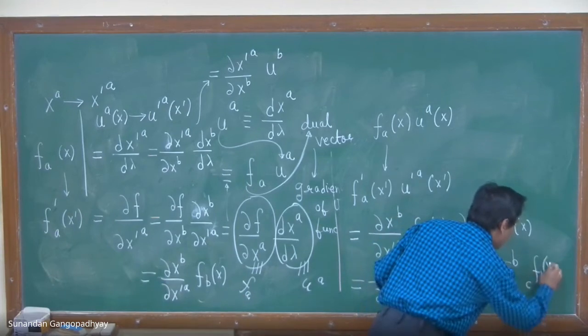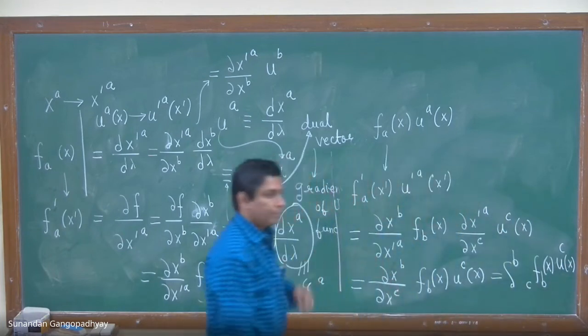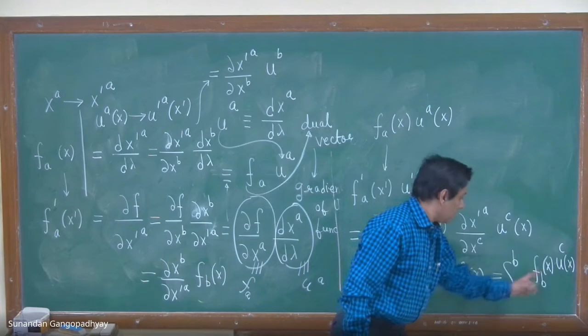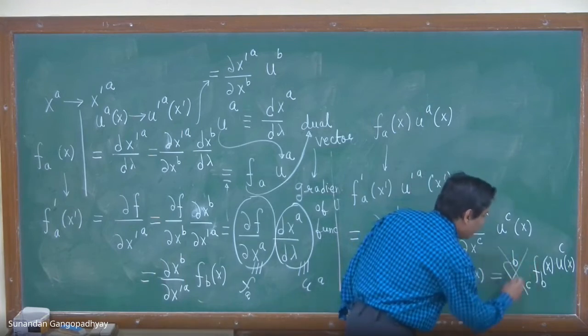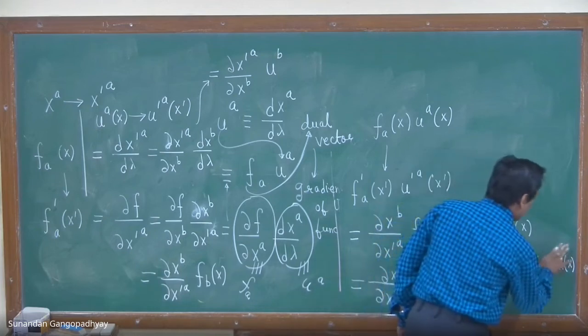Now this is a Kronecker delta, right? Delta bc. So you can get rid of this Kronecker delta. So this c will get replaced by b.